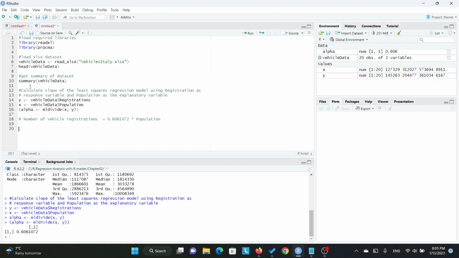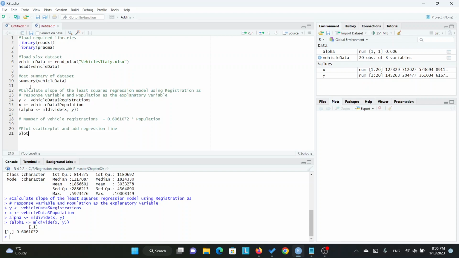Now we're going to see the association between the number of registered vehicles and population. So we are going to plot a scatter plot and add the regression line, that is the line that we just stated: number of registered vehicles equals 0.6061072 times population. That's our regression line.